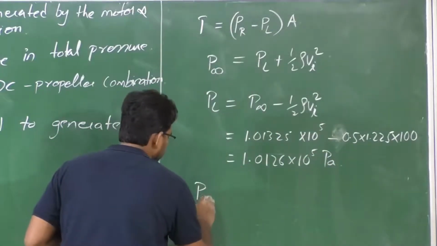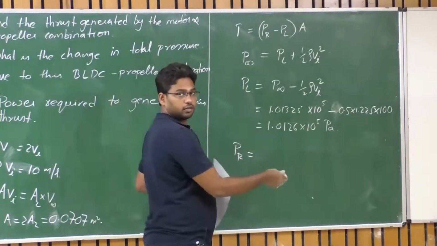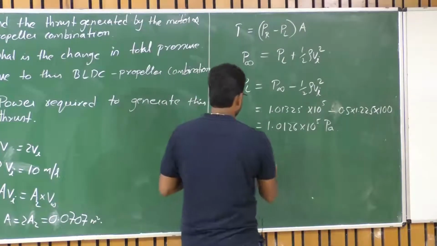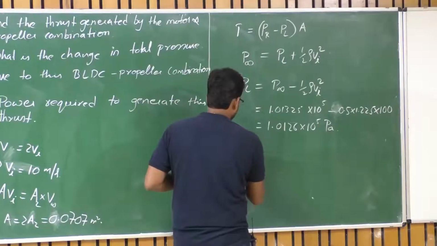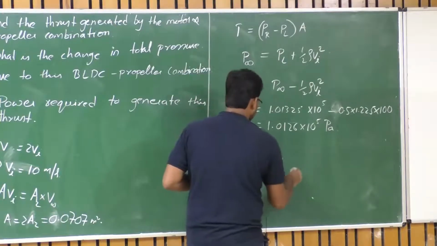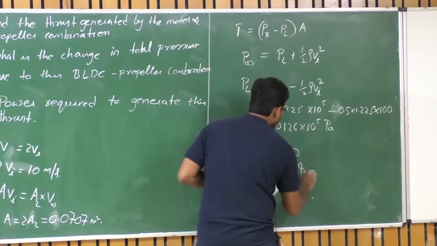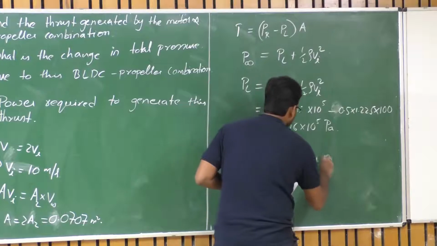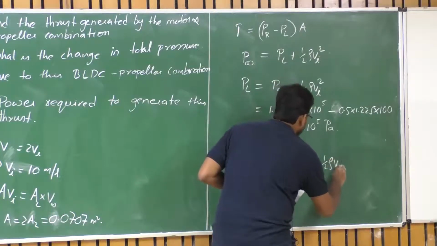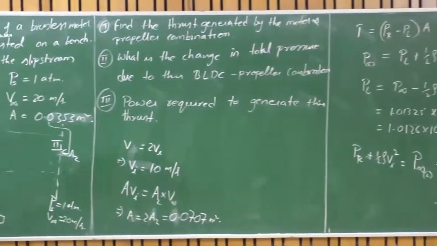Similarly, I can find out what is the pressure on the right side of this. This is the pressure on the left side of the disk. And to the immediate right of the disk, what I have is PR plus half rho V1 square is equals to P infinity at station 2 plus half rho V2 square, which is, let's say, this is my station 2, right?